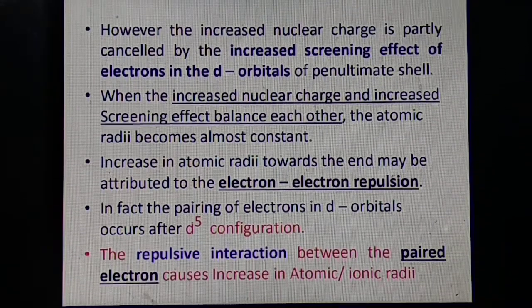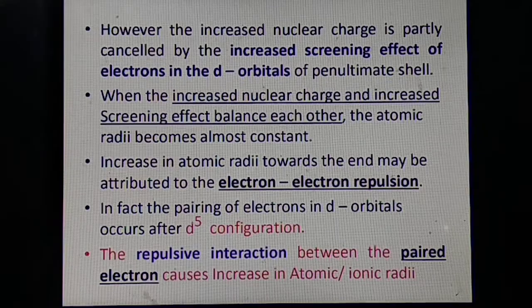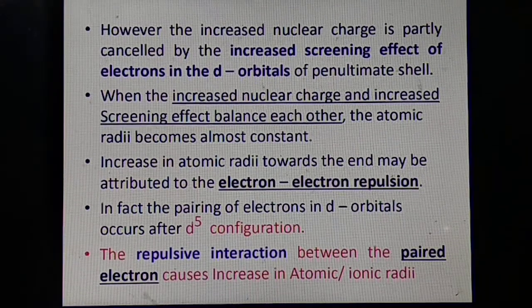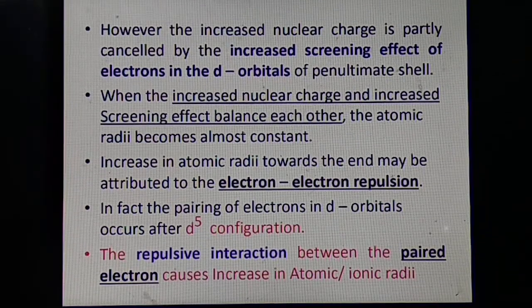One is the nuclear charge, and the second is the screening effect of electrons in the d orbitals of the penultimate shell. So two things are increasing here.